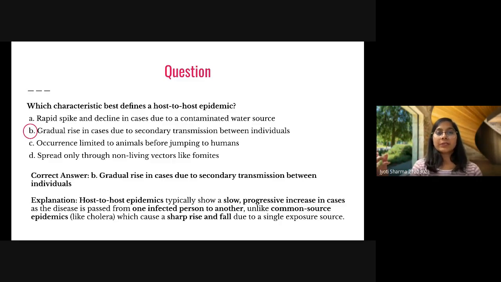Whenever a person drinks that well water, it will give the infection to thousands of people. That's why there is a sharp rise and fall in a common source epidemic. But if we are talking about host to host, then this is always slow and progressive.